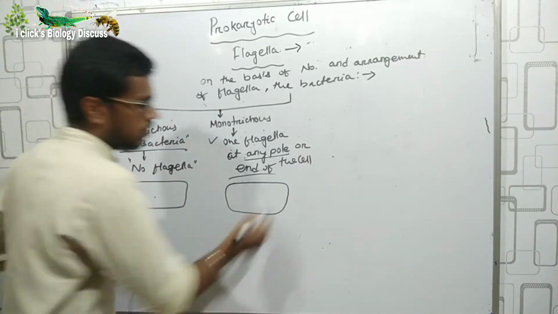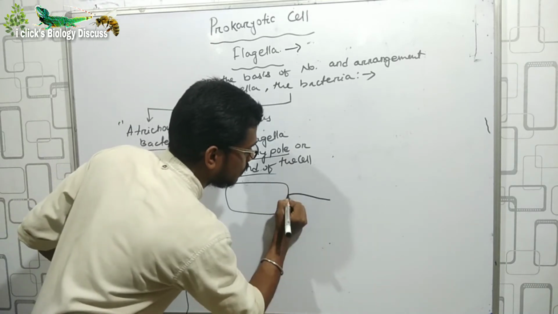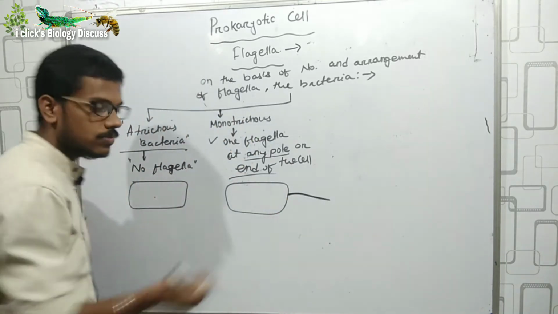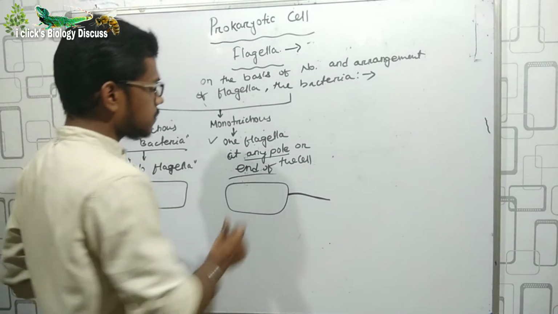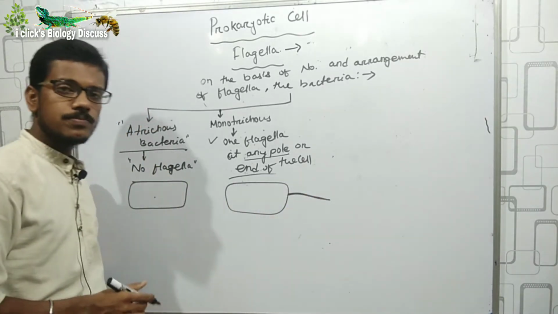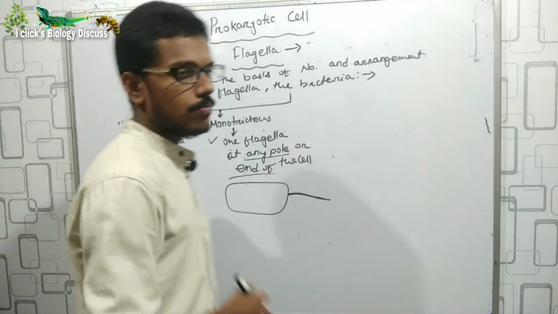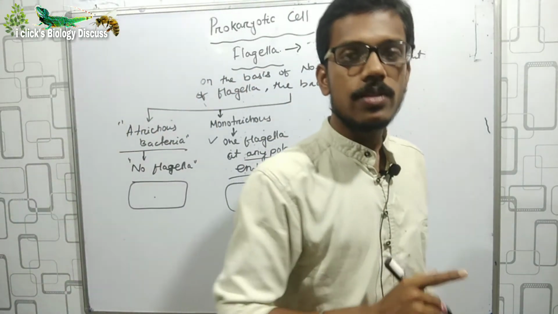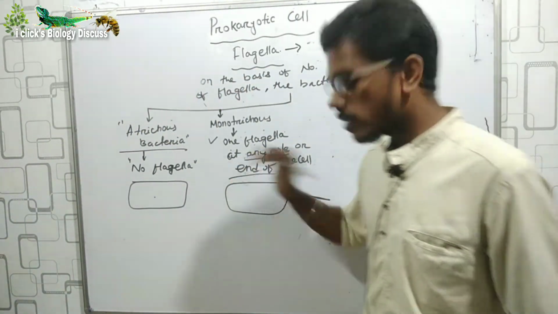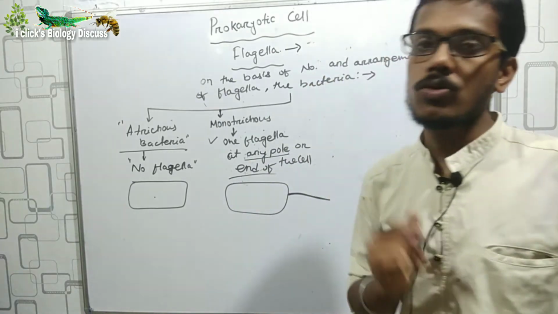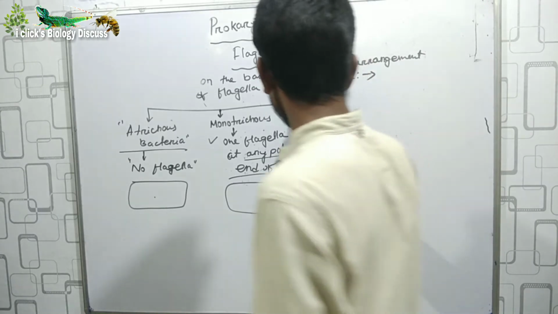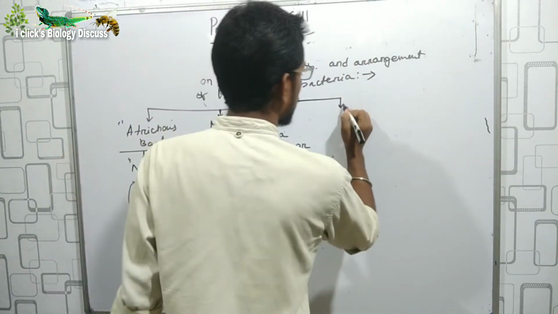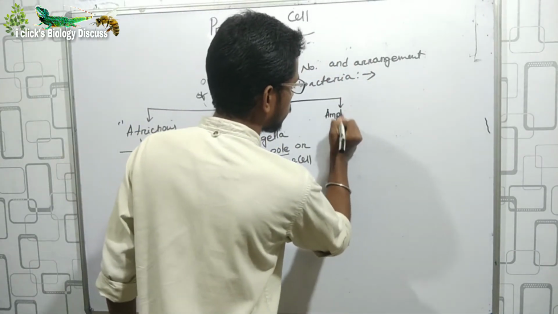The flagella may be present here. This is one pole, and this is another pole. So if it is present in any pole or any end of a cell, but there is only one, then that will be called monotrichous bacteria or the monotrichous prokaryotic cell. Another, amphitrichous.